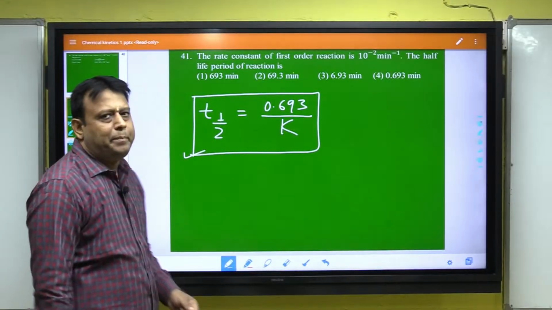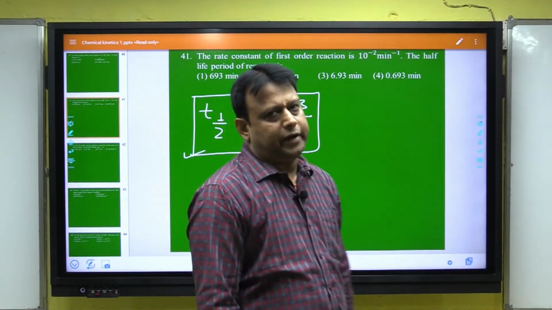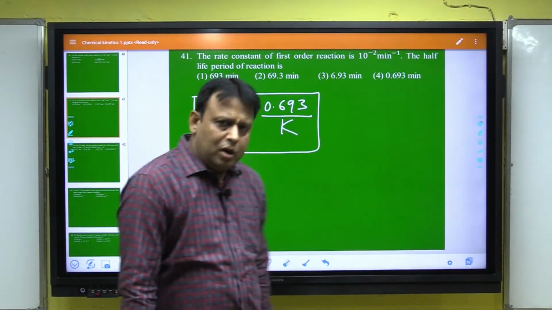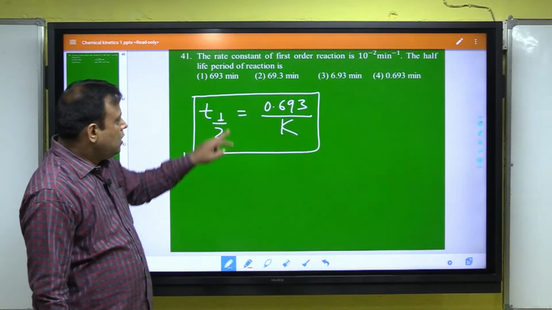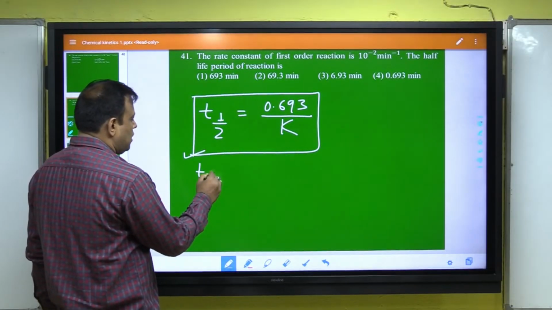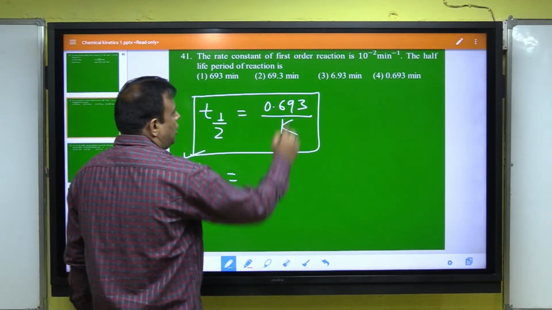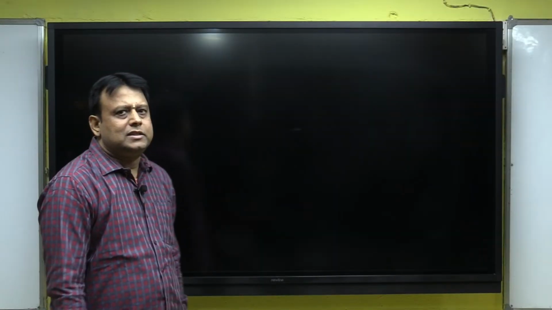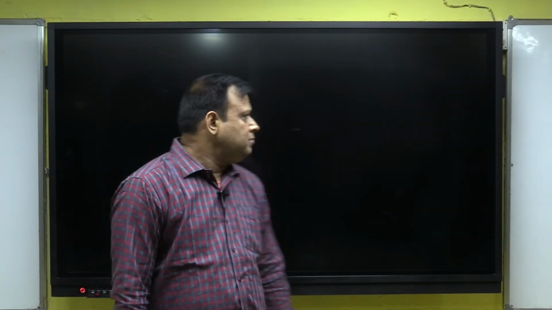It is the half-life of first order reactant. Always keep in mind, half-life of first order reactant is constant. Listen, T half, because 0.693 is a constant term.